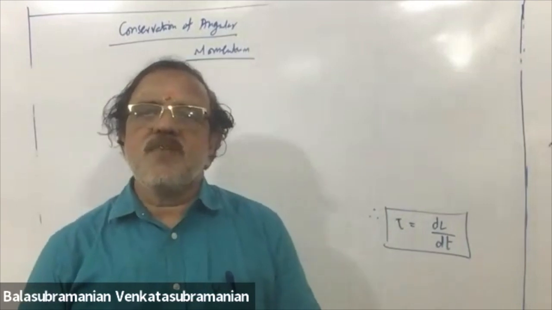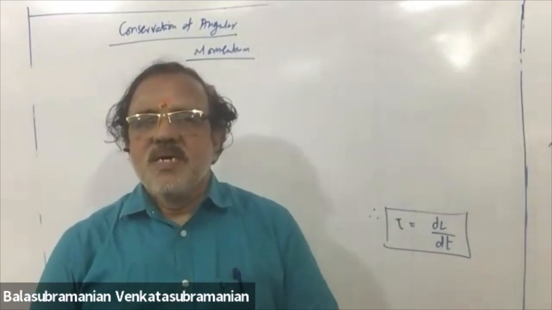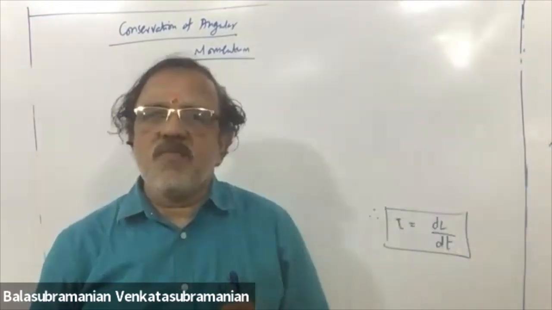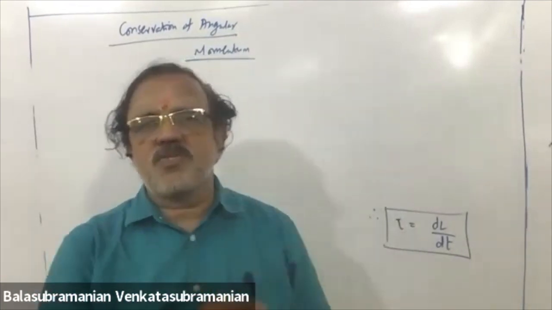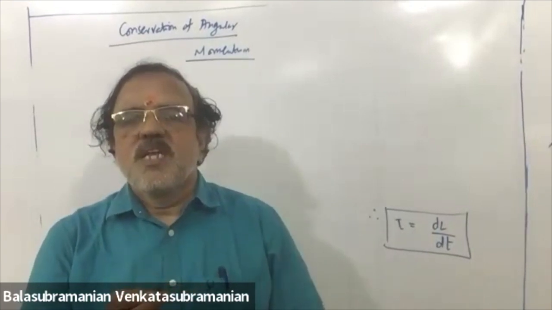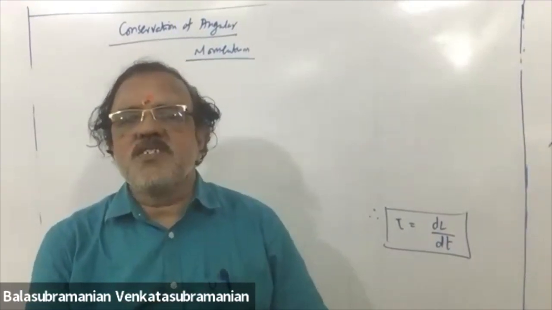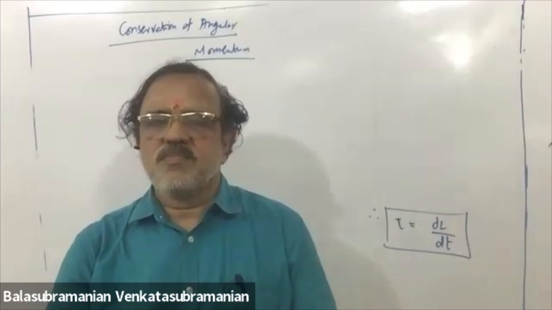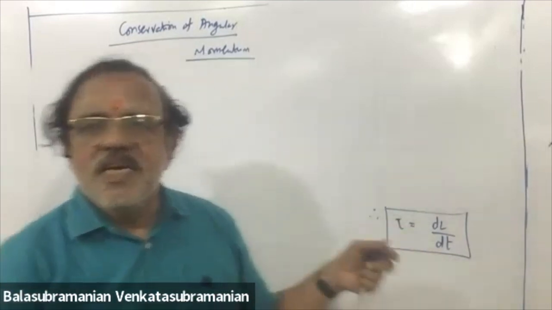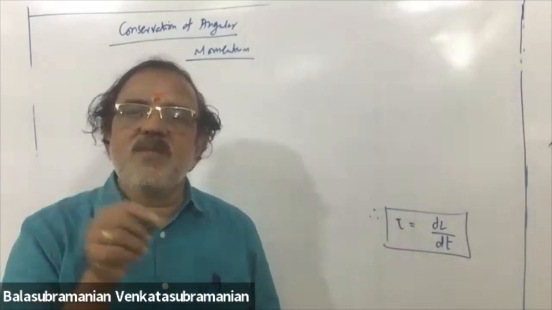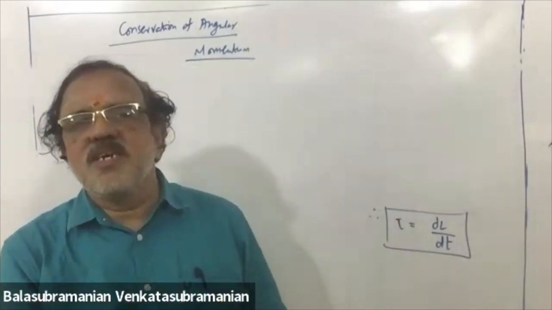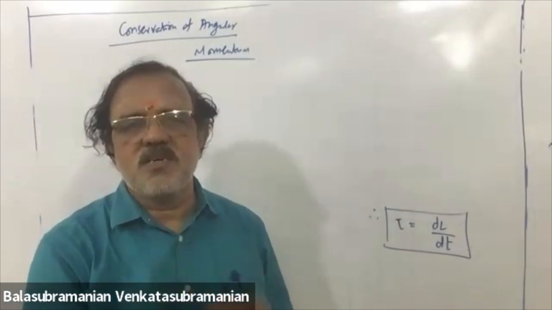In conservation of linear momentum, what we have seen is that in the absence of external force, the linear momentum of the system remains constant. Like that here, in the absence of external torque, the angular momentum of the system remains conserved, remains constant.